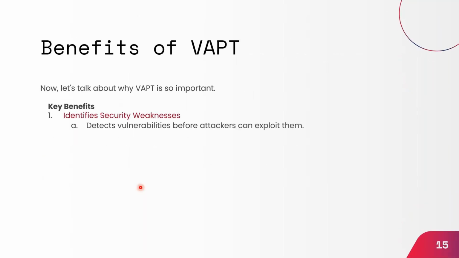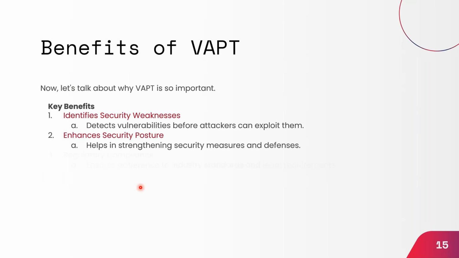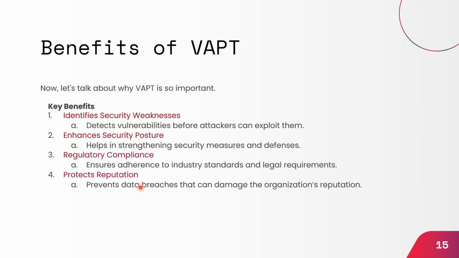And what are the key benefits? Now when I'm talking about the benefits of vulnerability assessment and penetration testing, it identifies the security weaknesses before someone exploits them, and it helps you enhance the security posture of an organization. It helps in strengthening the security measures and defenses. Let's say there are some security policies which are not effectively implemented or working.